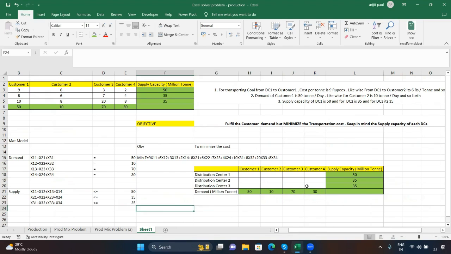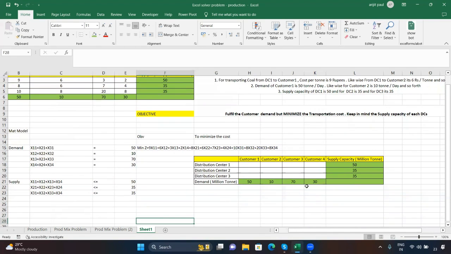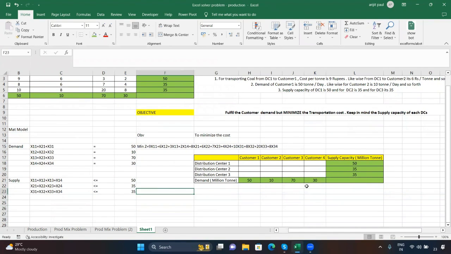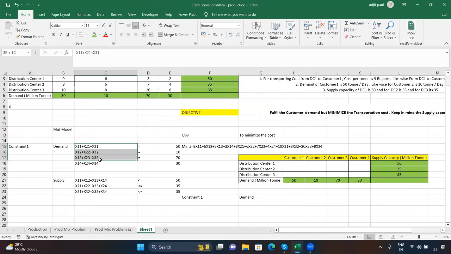So let me write it down. Constant. So first of all, demand constant. So what is the demand constant? We have already mentioned here.